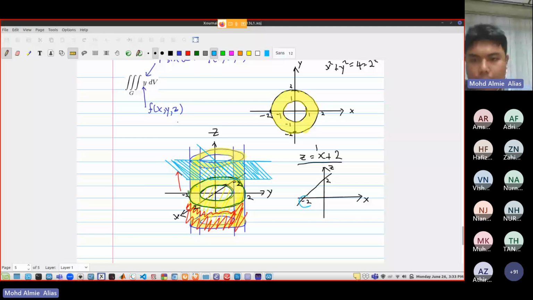So if you are from, let's say this is your eyes, and you are parallel with this, then this is what you are going to see. We haven't finished yet. So this is actually the plane.